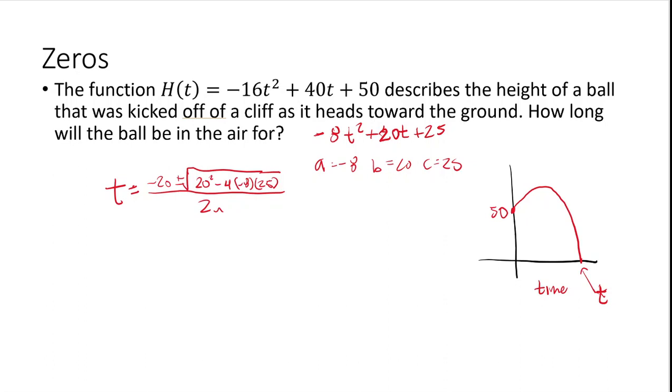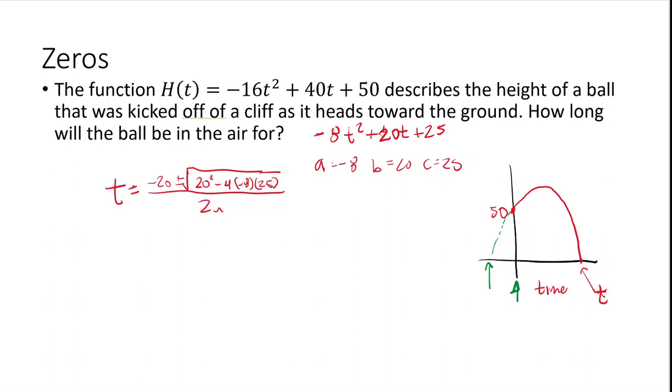The minus version of the answer would be giving us a theoretical time that has zero relevance to our problem, because time equals zero is when this all started. We can't have a negative time here. So we don't even have to consider the minus version of the quadratic formula. Really what we're trying to find is the positive root.